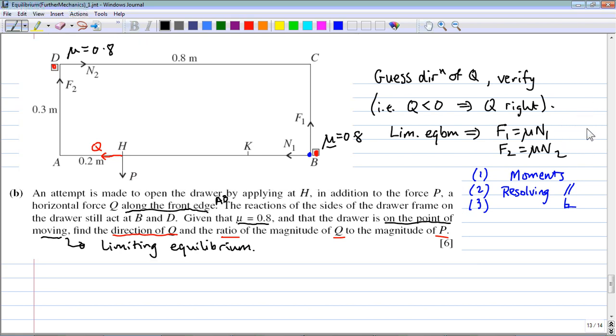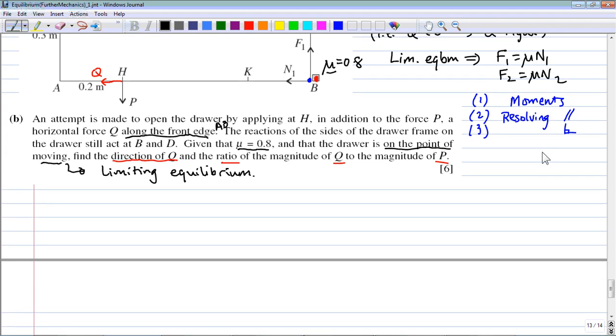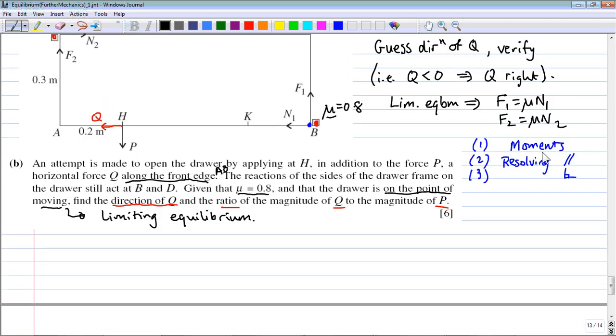Okay, so 3 equations. Let's start with moments. As before, I'll take pivot B, but it doesn't really matter. So pivot B, I'll write them down here. Number 1, moments about B. Okay, B is a good choice because Q will not be included in this equation. I'll just get 8F2, again multiply the equation by 10.